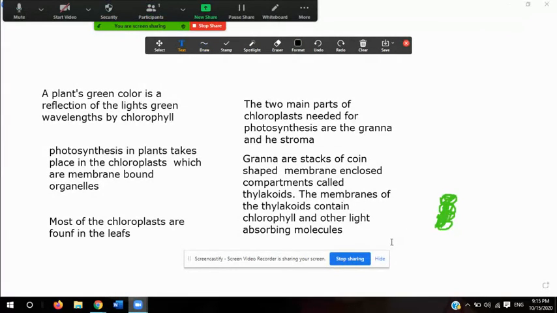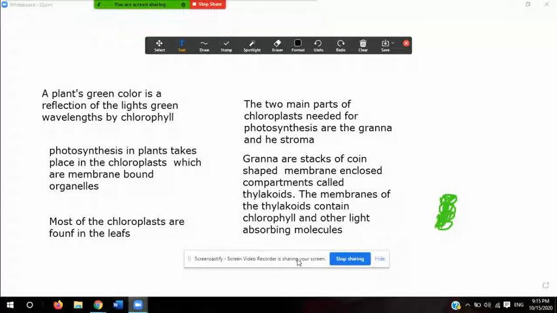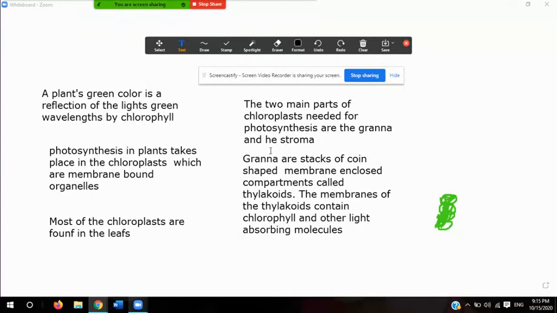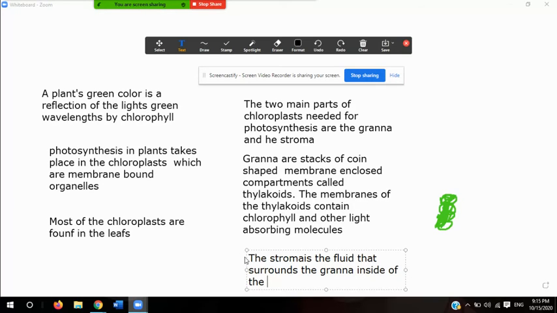The stroma is the fluid that surrounds the grana inside of the chloroplast.